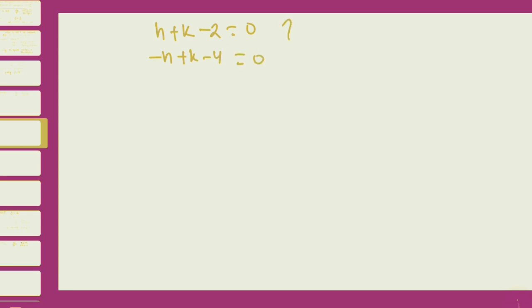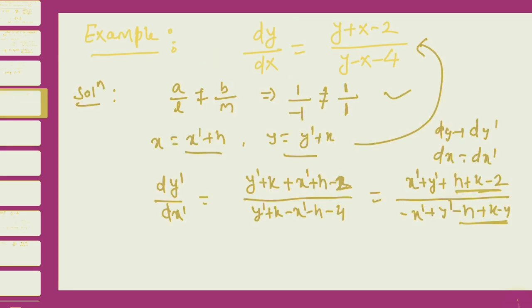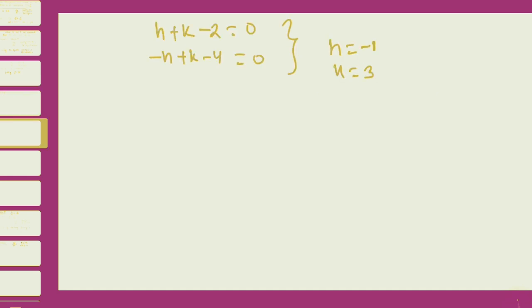After solving these two simultaneous linear equations, I get h equal to minus 1 and k equal to 3. Okay, so after putting these two values, our differential equation is reduced to dy'/dx' equal to (y' plus x') divided by (y' minus x').